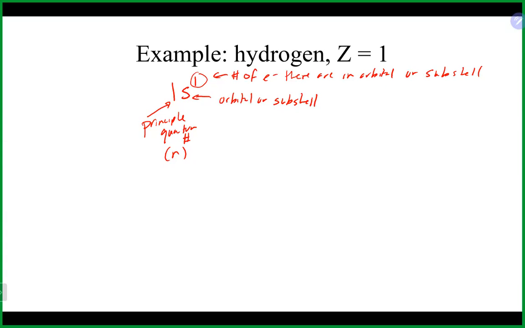Another way that we can represent electron configuration is by drawing what is sometimes referred to as the orbital diagram. The orbital diagram is either boxes or lines that represent each orbital. So for hydrogen here, that would be the 1s box, or the 1 line to represent the 1s orbital.